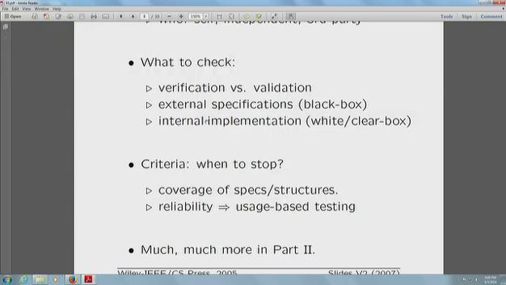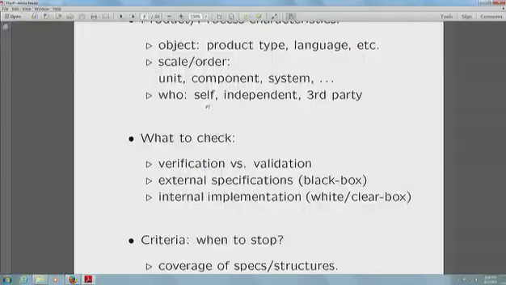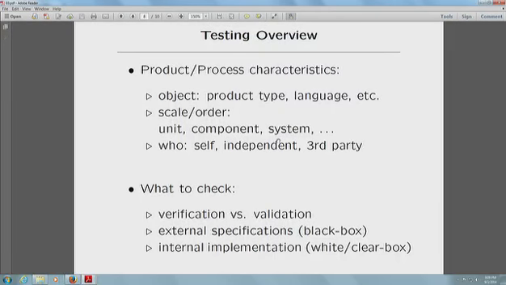So that's usage-based testing. Okay, and then we can also distinguish testing by what kind of product you are testing. You are doing software testing, testing Java programs, C programs, C++ programs, or web applications implemented with various other things, including some script and some HTML.